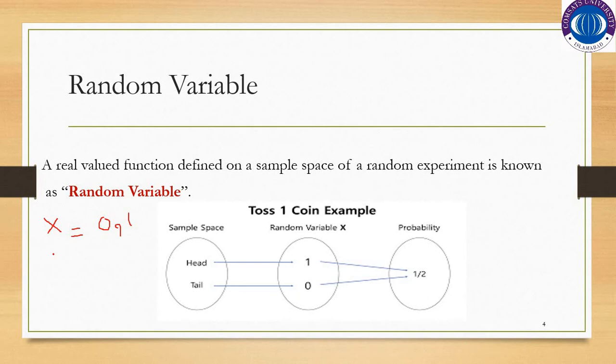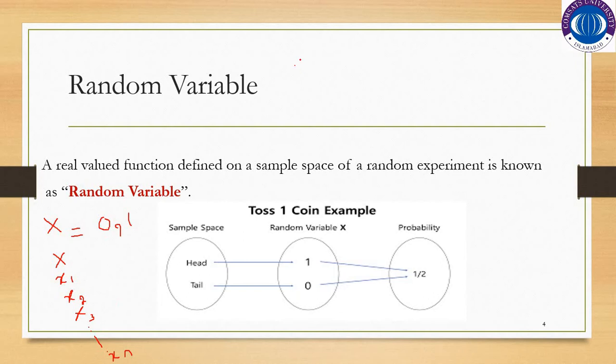Usually you can find in the books that X represents x1, x2, x3. This is small x. This capital X has values small x1, small x2, small x3, and so on. How many values can a random variable possess? It could be till small xn. So here we have two values of a random variable.